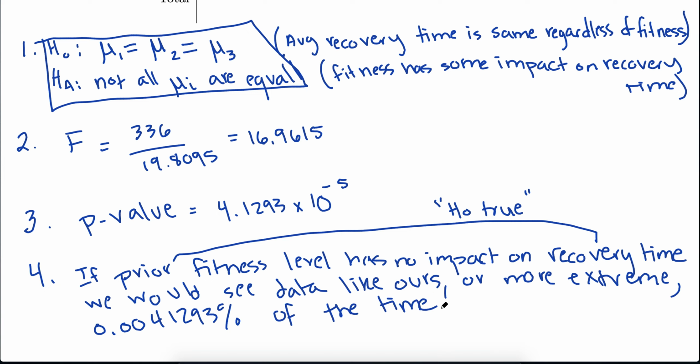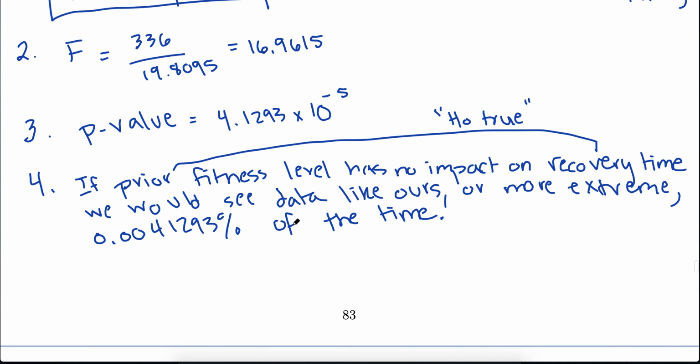And then let's make our conclusion. Remember, conclusion is always in terms of HA, going back full circle to our research question. So p-value in terms of H0, conclusion in terms of HA. So under the initial assumption that prior fitness level doesn't do much for you, we're rarely going to see this data.